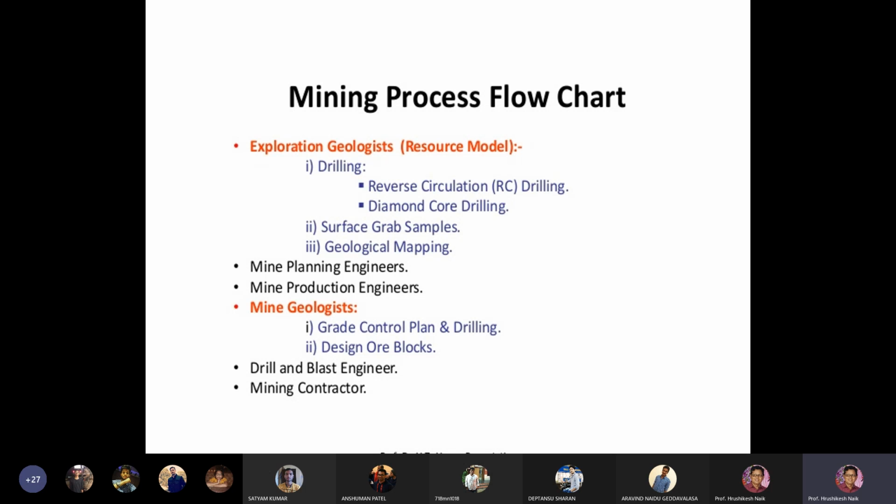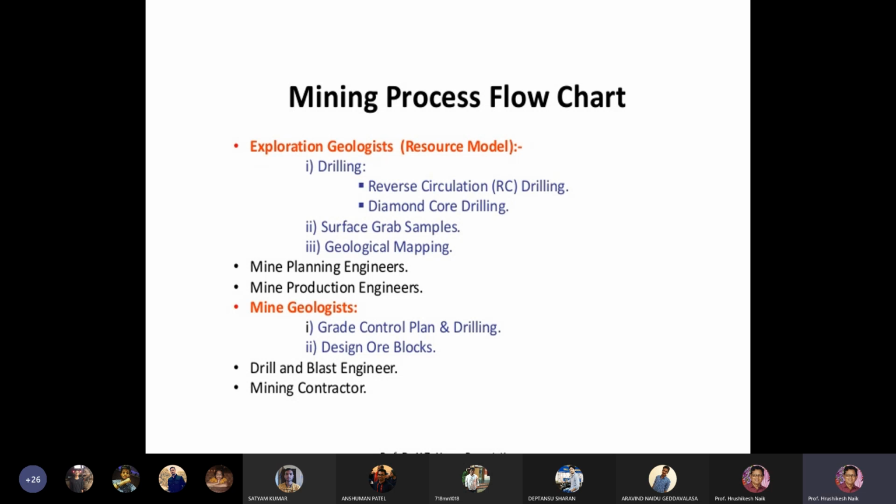Exploration is carried out by the geologists, with a resource model to find out the reserve of the deposit. Exploration is carried out by drilling holes. Two methods of drilling are used: the reverse circulation drilling method and the diamond core drilling method.